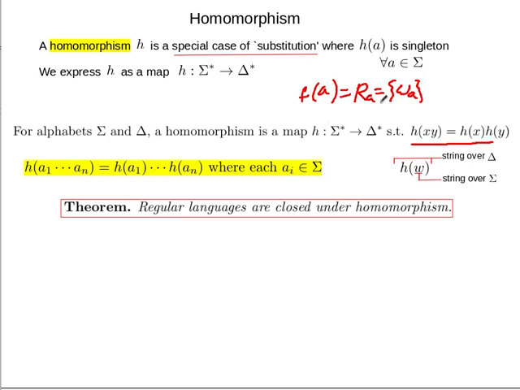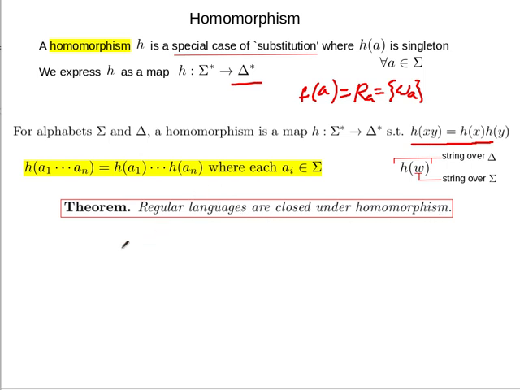Now you just note that we have slightly changed the range, so that you provide a string over sigma and you get back a string over delta, not a language anymore, because as a language it is just a singleton. So you better just focus on that single string itself. That's the only difference. Okay. And since this is a special case of substitution, it immediately follows, there is nothing to prove anymore for homomorphism, that regular languages are closed under homomorphism.